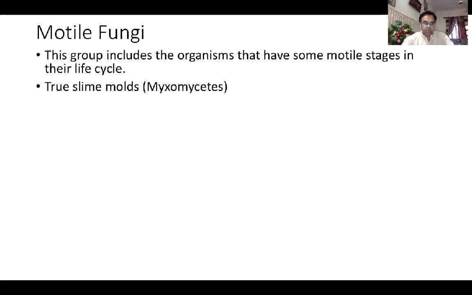For example, the plasmodiophoromycetes. So these members have flagellated cells in their life cycle. For example, they have swarm cells. These swarm cells can swim in the presence of water because of the presence of flagella.